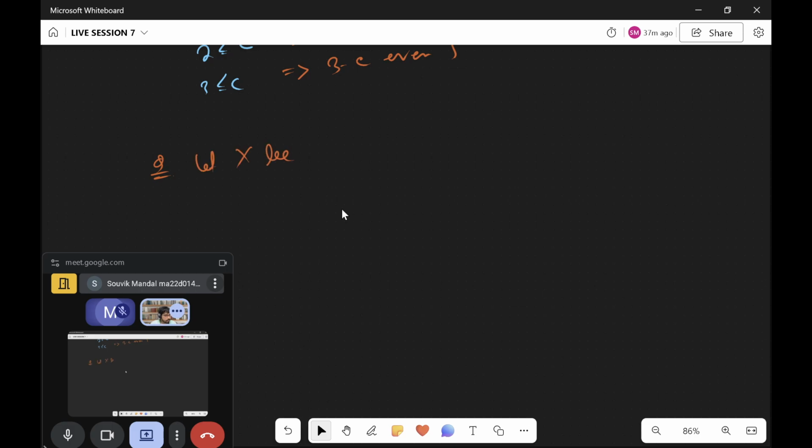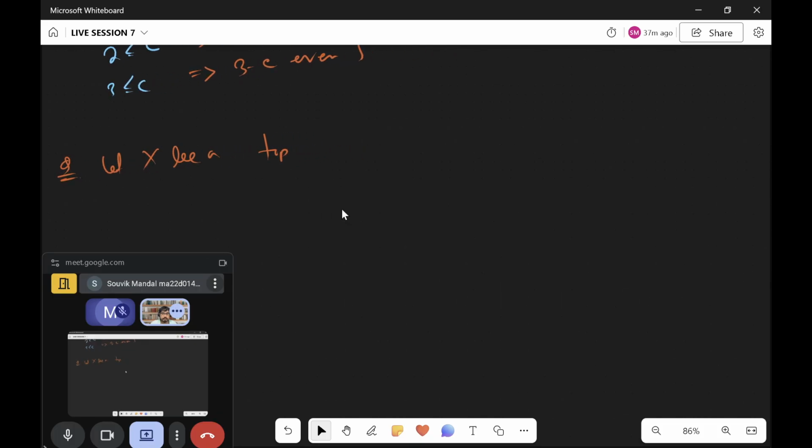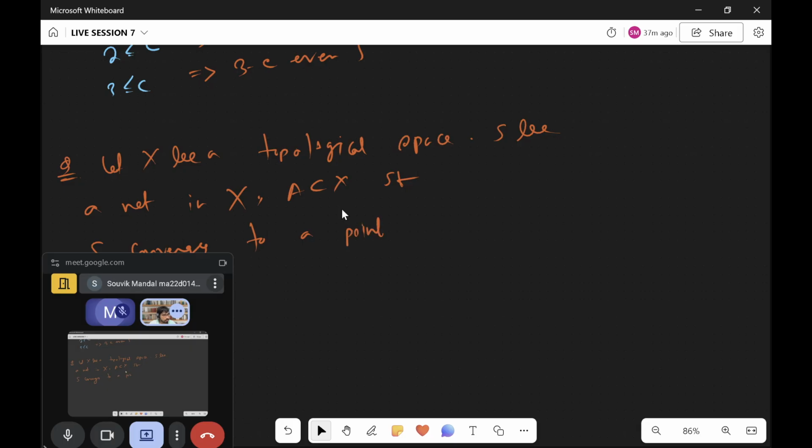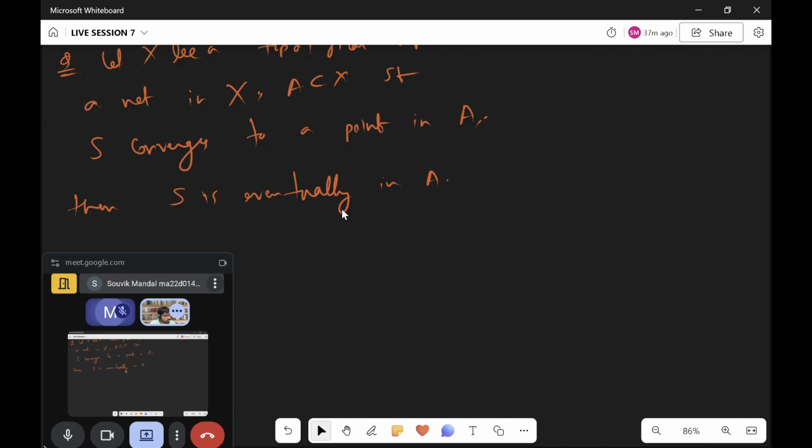Let X be a topological space and S be a net in X, A a subset of X, such that S converges to a point in A, then S is eventually in A. Okay, so is it true or false?